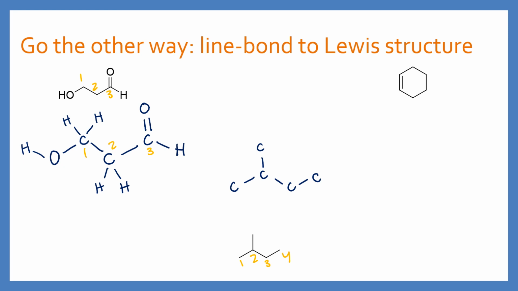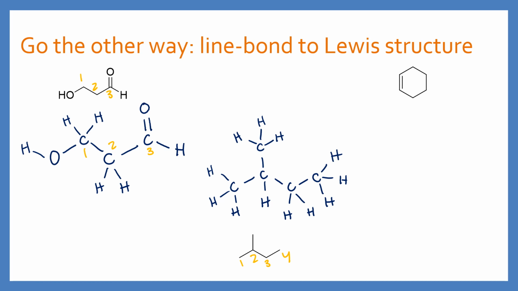So carbon number 1 has a single bond to carbon number 2, which means it's going to have 3 other bonds. And I'm just going to use that same math to fill in all the rest of my hydrogens. And this is why at some point we will stop wasting time drawing out Lewis structures.